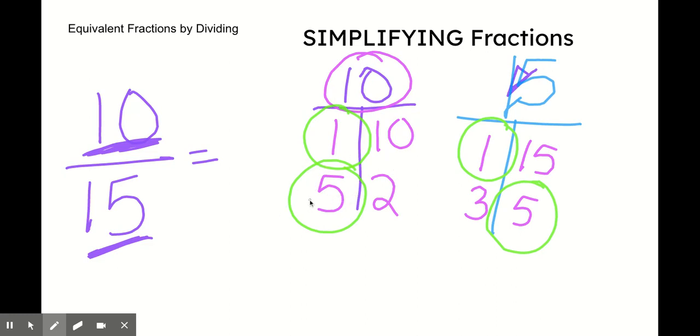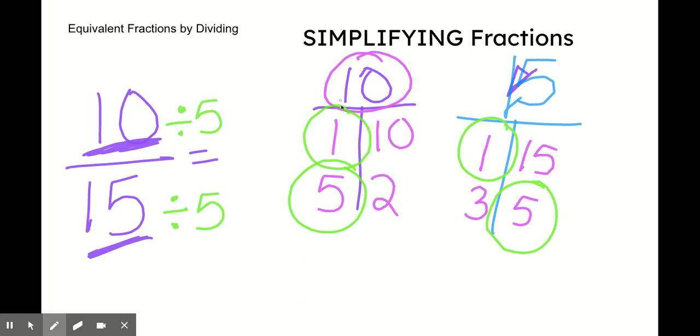You're going to choose the number that's the biggest. So which one is bigger, 1 or 5? We're going to choose 5. And this is the number we're going to divide each by, our numerator and denominator. Same as how we had to multiply by the same number, we have to divide by the same number. And we found out they both have the number 5, so we're going to divide by 5. And you might be thinking, oh, I don't know division.